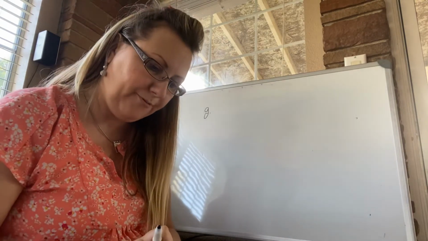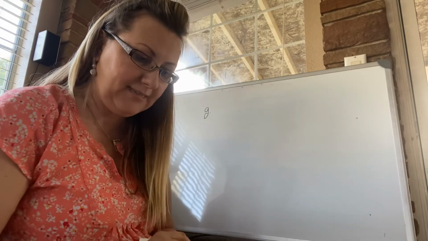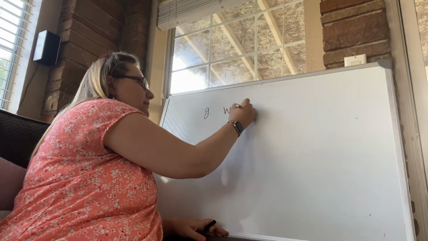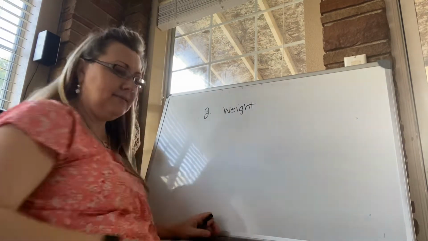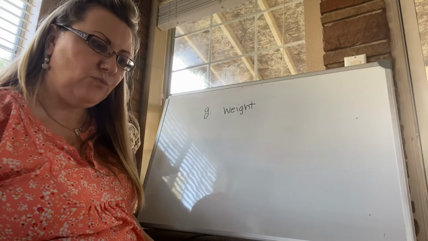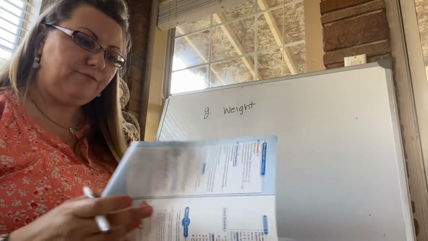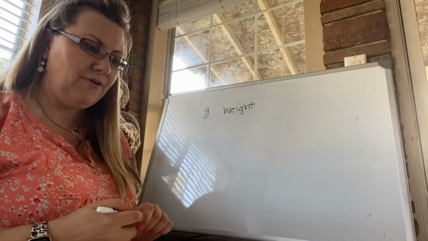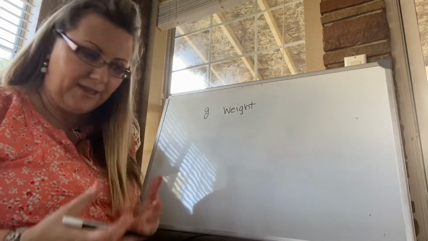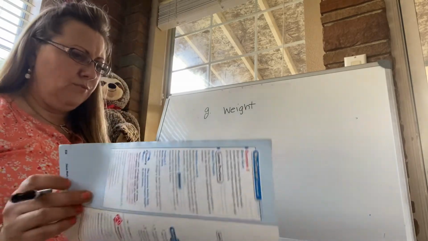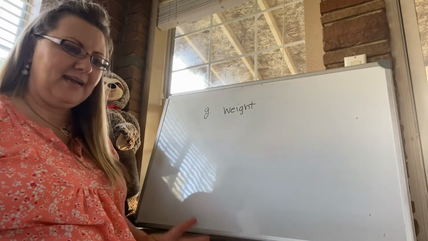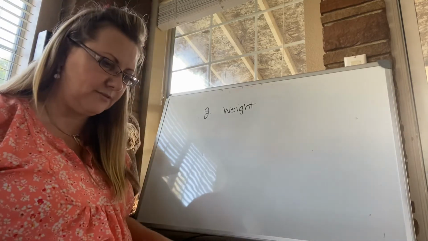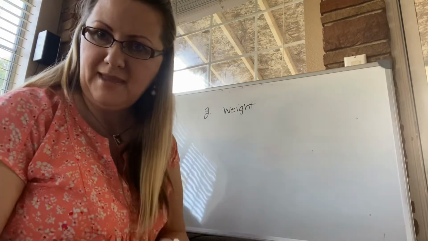Remember we said basically the answer is weight. Because weight is the measure of the force of gravity on an object. Weight shows how heavy an object is, and mass is how much stuff is there. Again, how many protons, neutrons, electrons, and so on. All the stuff that makes up something.